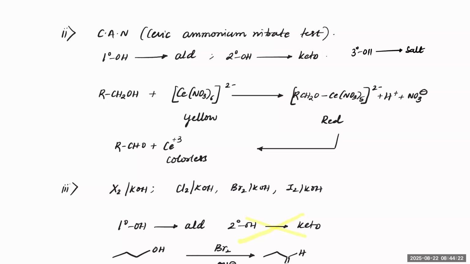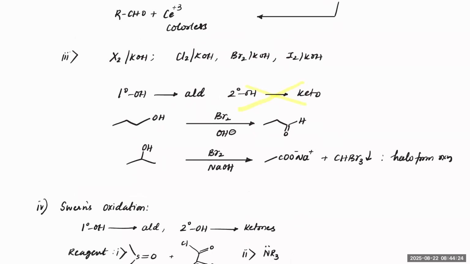Okay, next. Chlorine in KOH, bromine in KOH, or iodine in KOH, in all of these cases, if it is 1 degree alcohol, something of this kind, you will end up getting an aldehyde. But if you have a 2 degree alcohol with a methyl group on it, then it will go to iodoform and haloform. You know the haloform reaction, right?